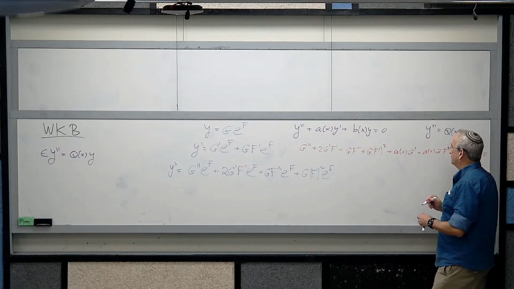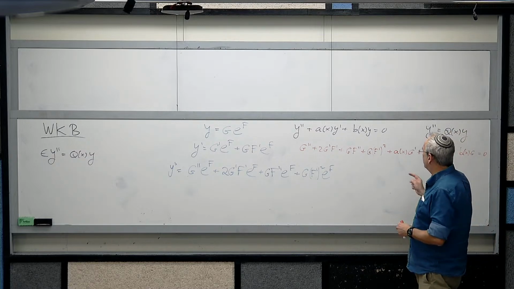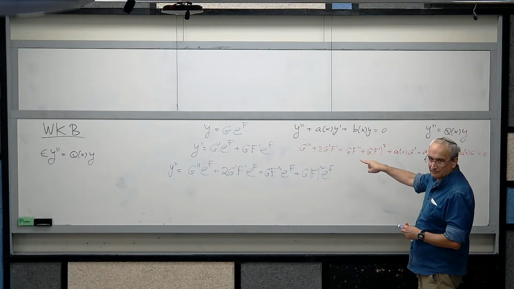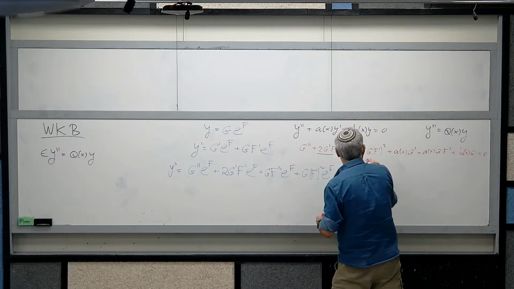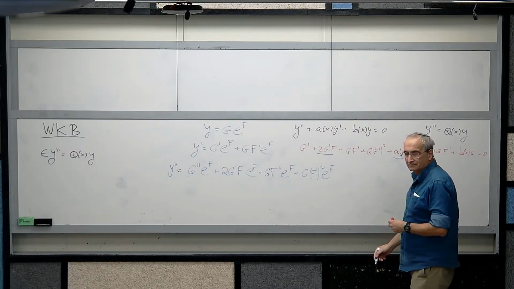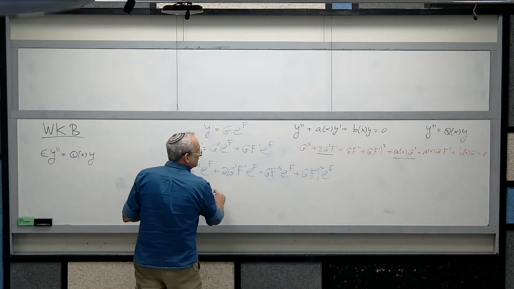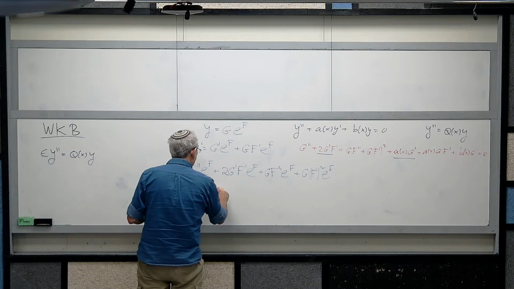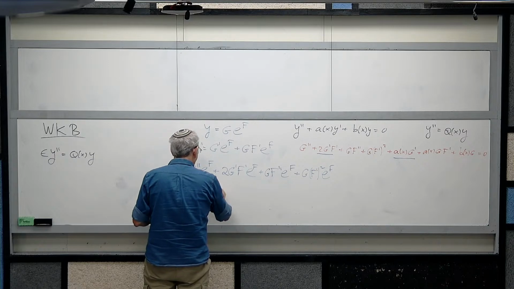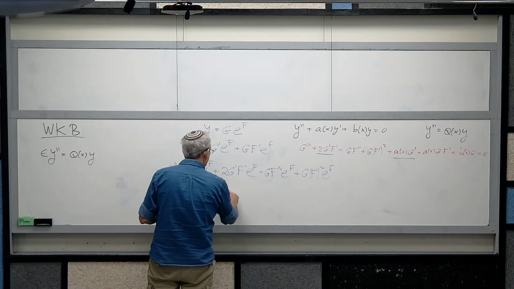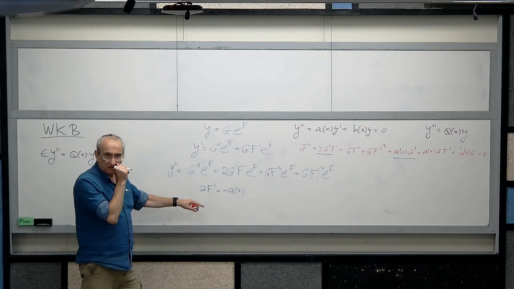Yes. Good. Now, my goal is to get rid of the first derivative with respect to g. Right? So I want to get rid of this term and of that term. This will be true if 2g prime f prime will be equal to minus a of x. You agree with me? Yeah.